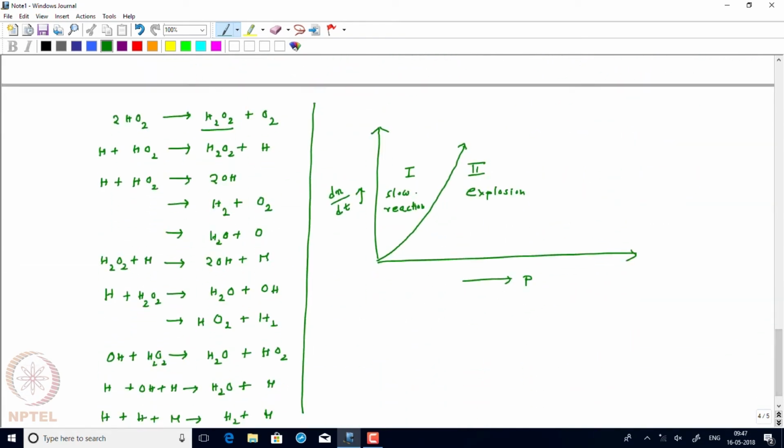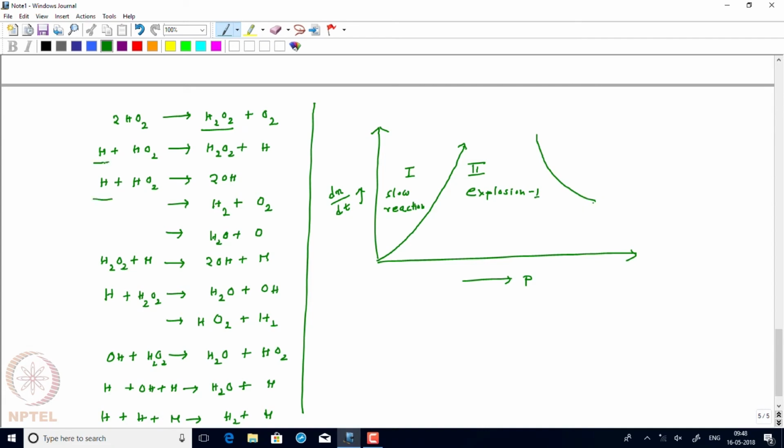In that very slow reaction you have very low pressure, and the chances of being deactivated after colliding with a wall are much less, and then you have an explosion zone, called the explosion 1 zone. Interestingly, if you keep on increasing the pressure, you will have a very interesting quenching reaction, because now the H atoms will be further abstracted.